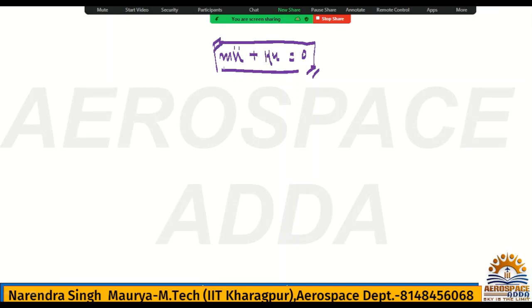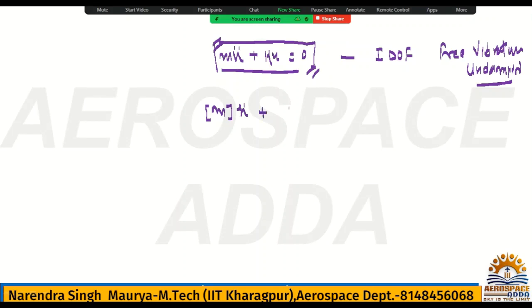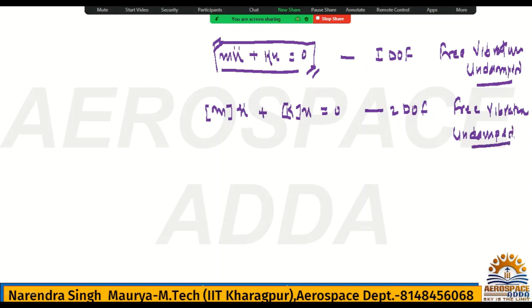But this is the 2 degree of freedom, so this will be the mass matrix plus stiffness matrix equal to 0. This is for 2 degree of freedom free vibration undamped system. All right, hope this one is very clear.